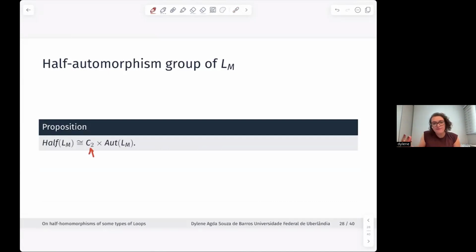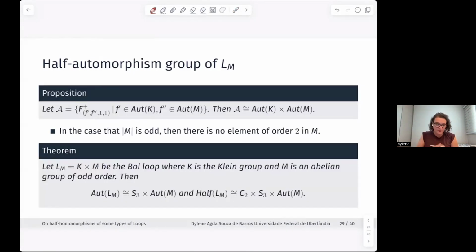So to complete this study, what we did was describe the group of automorphisms of this loop. Remember that for every F, we have capital F plus with these parameters: an automorphism of K, an automorphism of M, and two elements of M of order less than or equal to 1.